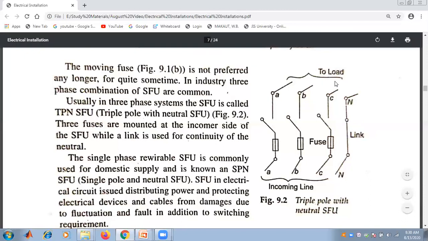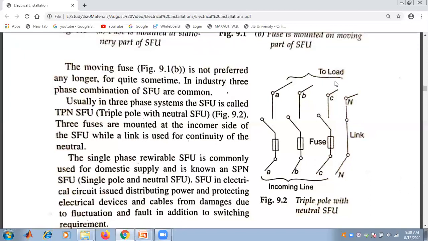This is the triple pole with neutral SFU, TPN SFU.